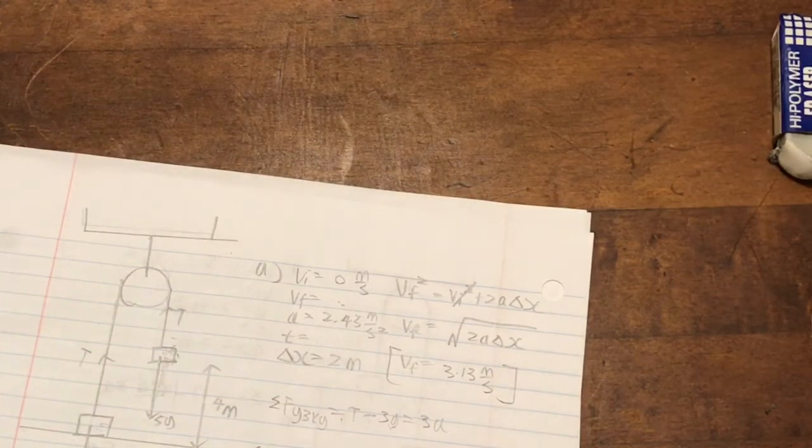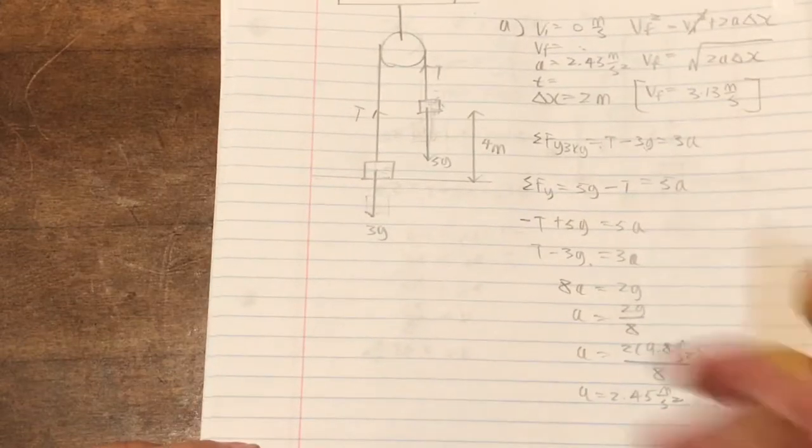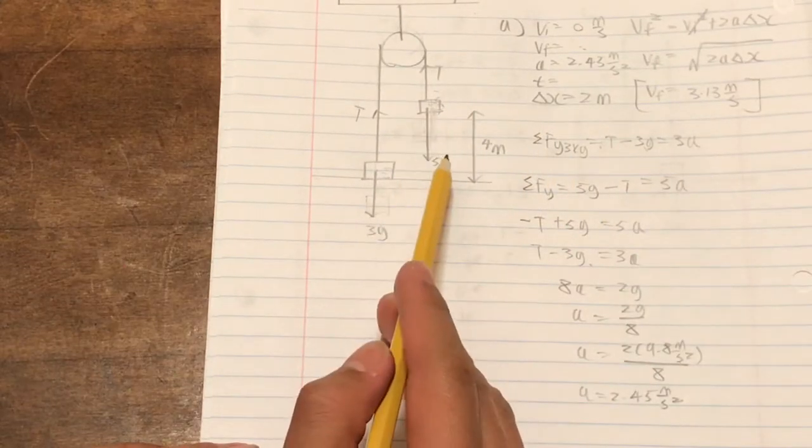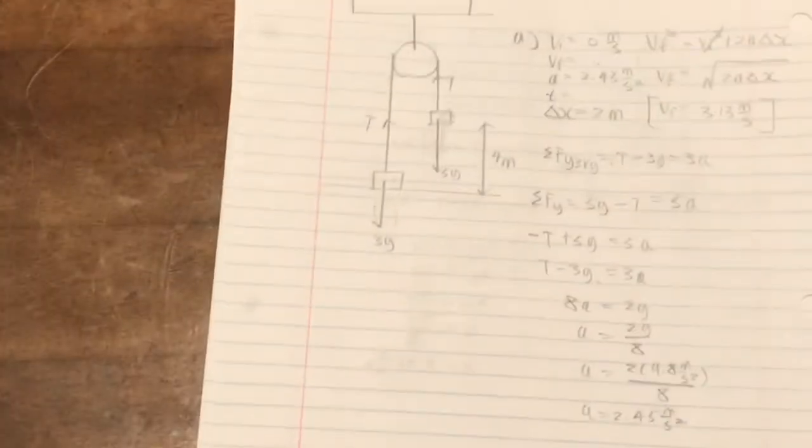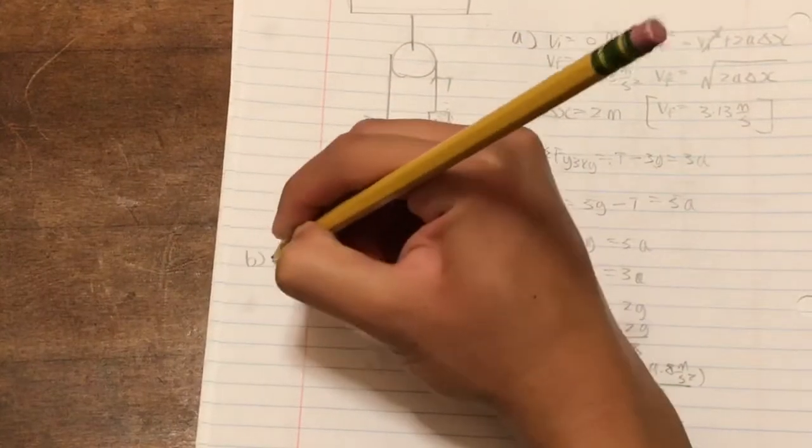second. Now B wants to know, determine the speed of each object at the moment the 5 kilogram object hits the floor. In order to do this, you can just set up another set of kinematics, because when the 5 kilogram object hits the floor, basically your displacement is just 4 meters now. So let's just set that up and get that going.